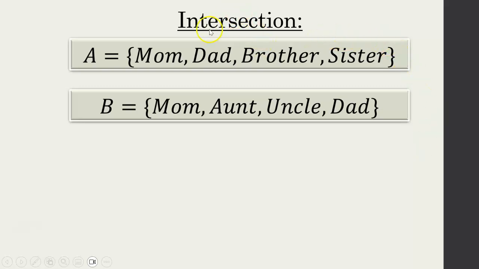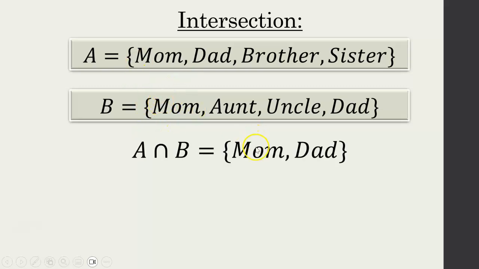I'll give you a different example. Let's say the intersection of these two sets: mom, dad, brother, sister, and mom, aunt, uncle, dad. What would be the intersection here? Well, it would be mom and dad, because mom and dad are in A and mom and dad are in B. The symbol we use is like an N. N for intersection.